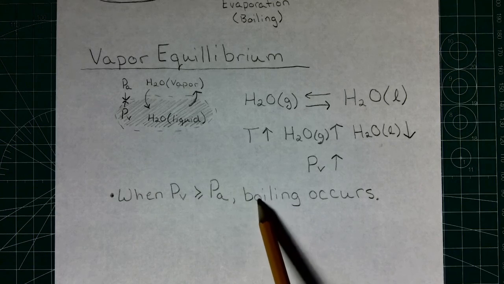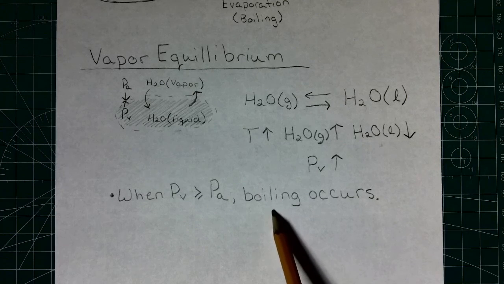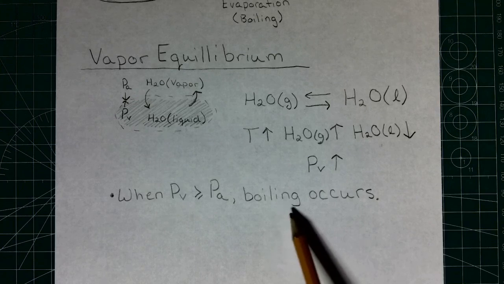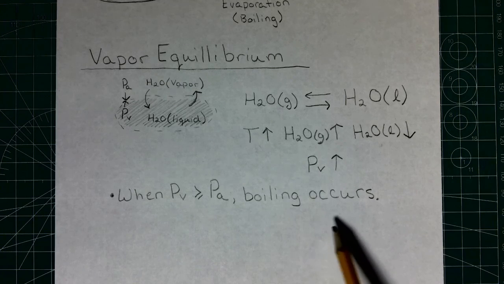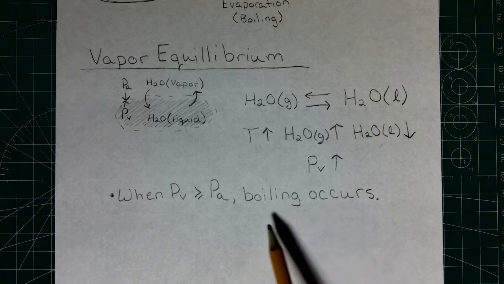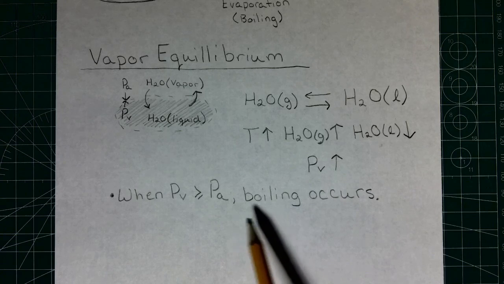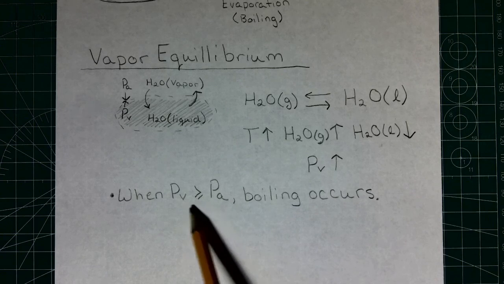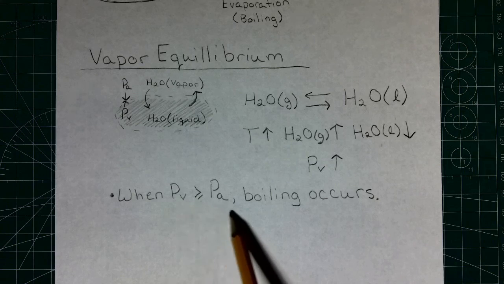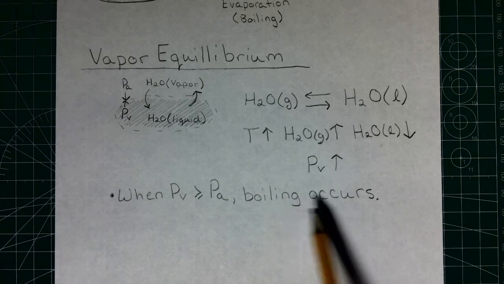And when that happens, we see boiling. This is when we start seeing the rapid evolution of bubbles and stuff like that, because there is a force, the excess pressure that the vapor pressure has, that allows it to push up and out of the container.